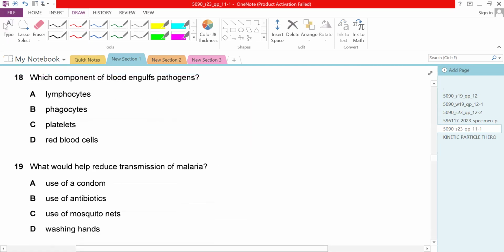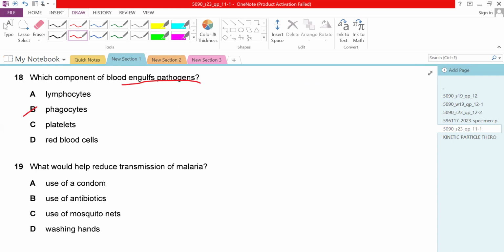Question number 18. Which component of the blood engulfs pathogens? We all know that white blood cells are for protection of our body from pathogens. You have to identify the type of white blood cell that engulfs the pathogen.